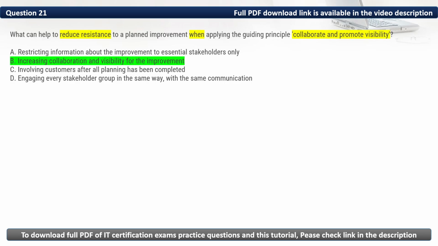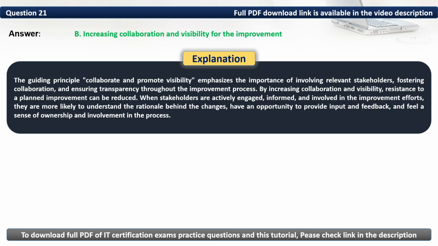Thus, the correct option is B. The guiding principle, collaborate and promote visibility, emphasizes the importance of involving relevant stakeholders, fostering collaboration, and ensuring transparency throughout the improvement process. By increasing collaboration and visibility, resistance to a planned improvement can be reduced.